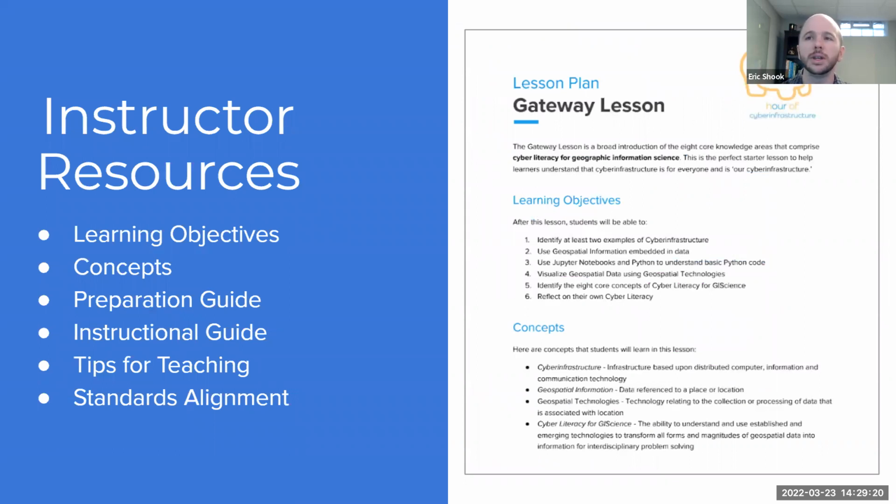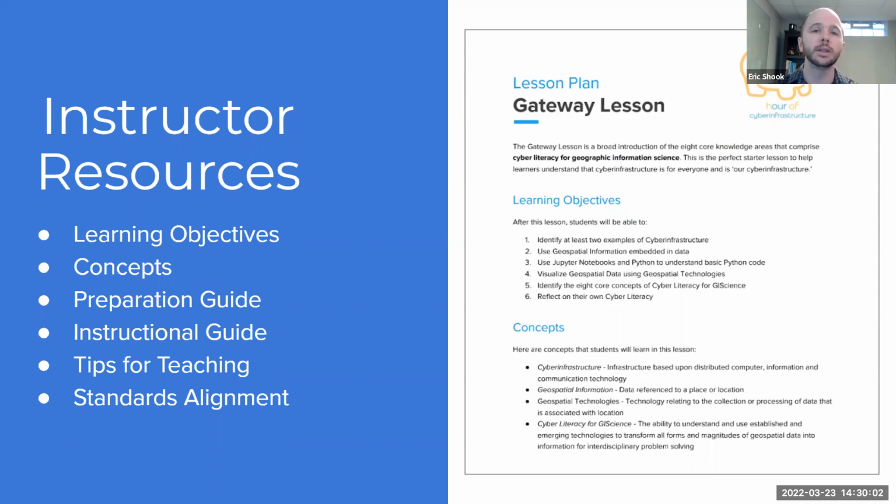Importantly, we also need to lower barriers for instructors. This is a major barrier because if instructors are not comfortable with the material and the topics, they're not going to introduce it to their students. They're not going to bring it into their classrooms. So in order to help that process, each of our lessons comes with a lesson plan, which includes the learning objectives and the concepts that the learners are going to learn, but also a preparation guide and an instructional guide to help instructors who might be an expert in GIScience, but not cyber infrastructure, or might know a lot about big data, but don't have any experience in geospatial data.